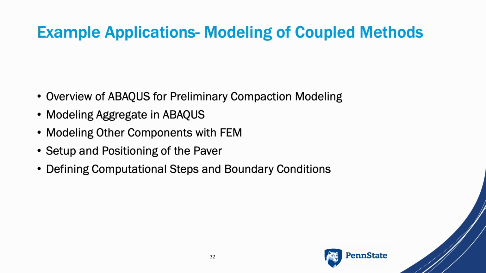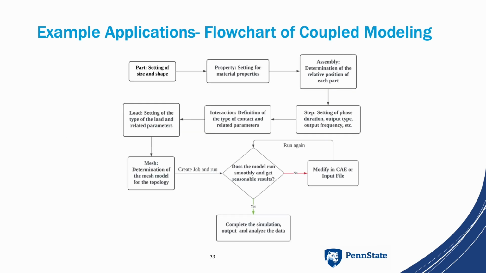For the modeling of coupled methods, the overview of Abacus for preliminary compaction modeling is as you see here. So we'll start from the start. Setting of the size and shape, property setting for the material properties, assembly, determination of the relative position of each part, like the paver, setting of phase duration, output type, output frequency.